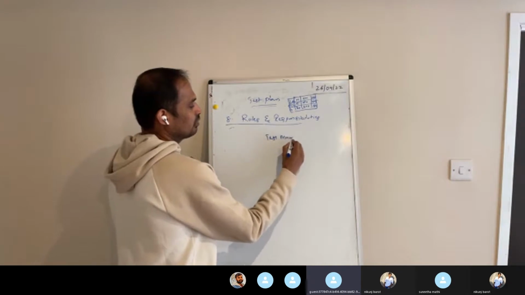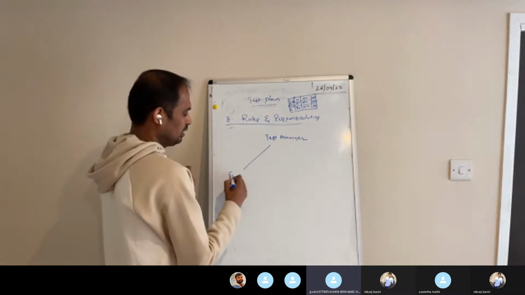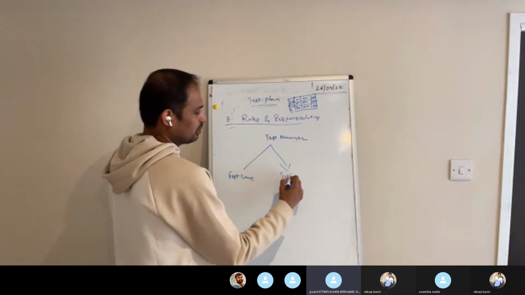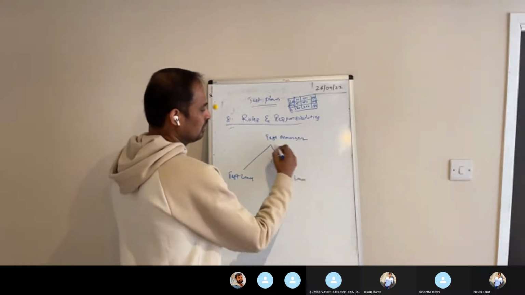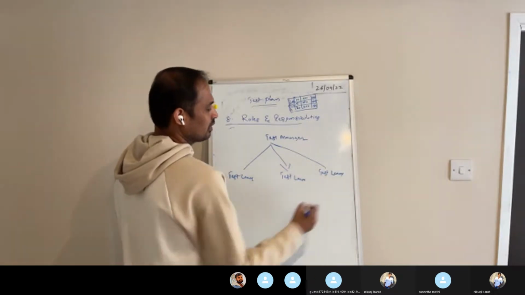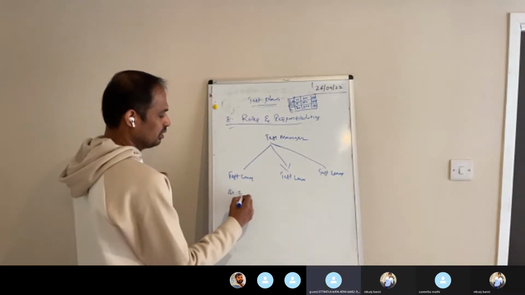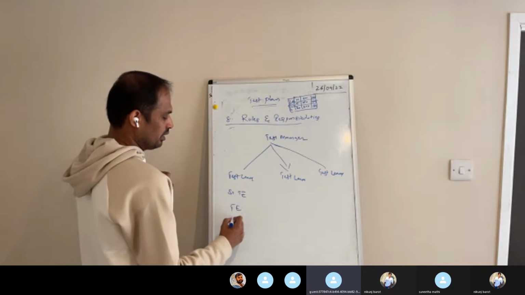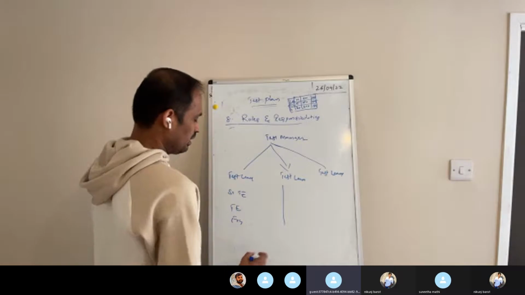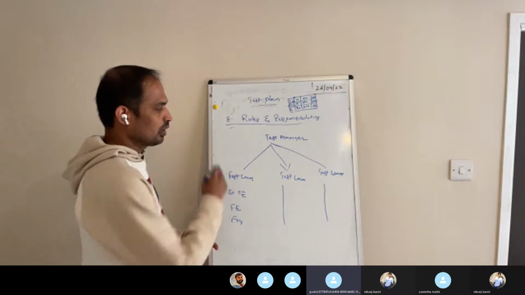One test manager will be taking care of all the 3 small projects. Then one test lead for each project, test engineer, and fresher. Same way, we'll be having senior test engineer, fresher, senior test engineer, fresher.